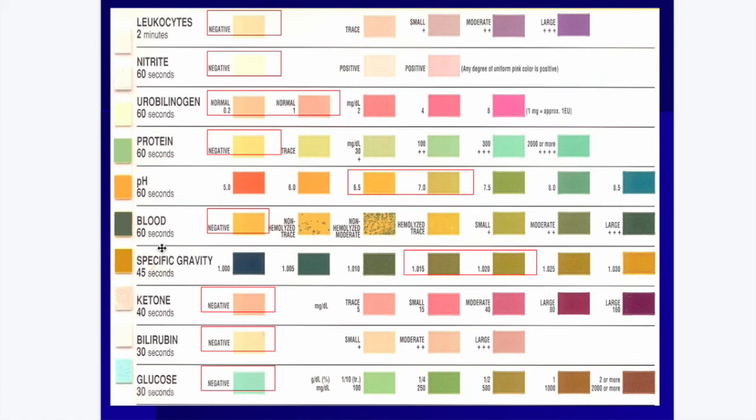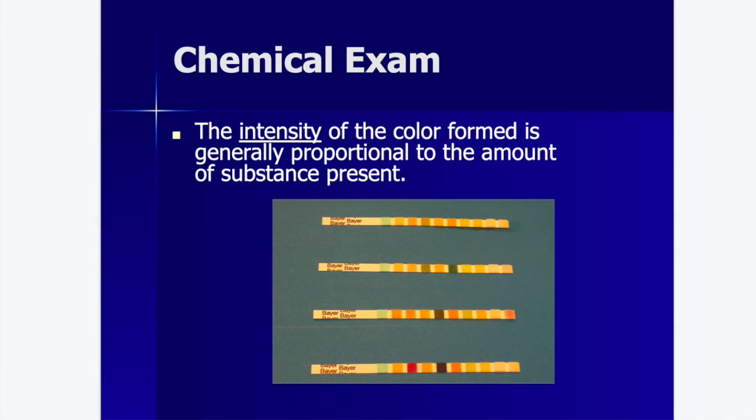So all of these different times here are what you would have to read those tests at to check for the results of the urinalysis. All of where we have these red boxes, those red boxes indicate what would be normal. Okay, so we'll be able to refer back to this in the lab that we're going to do for urinalysis.